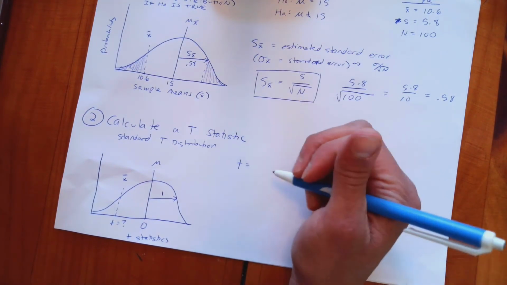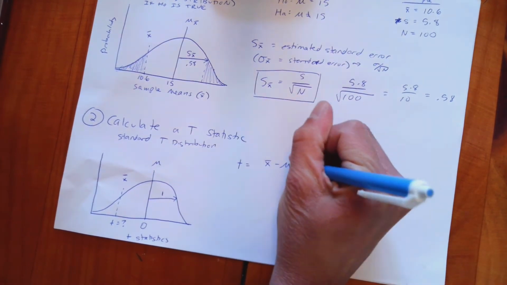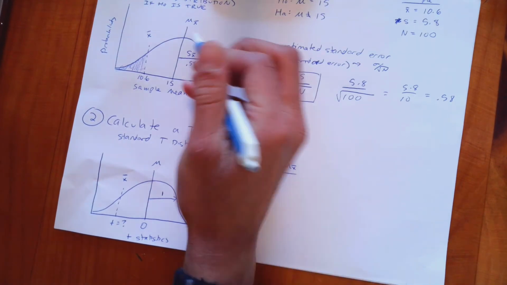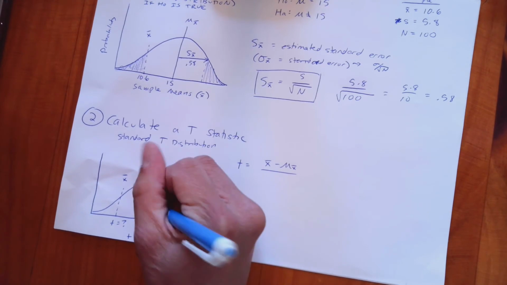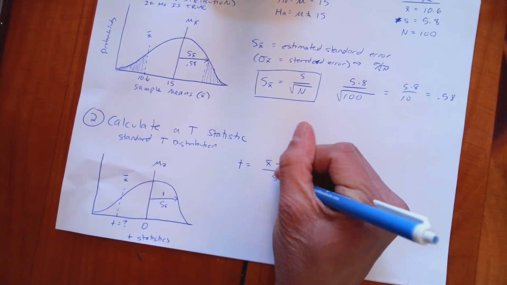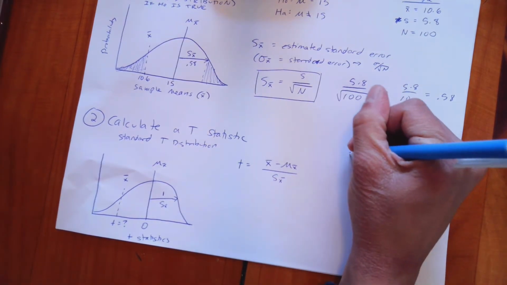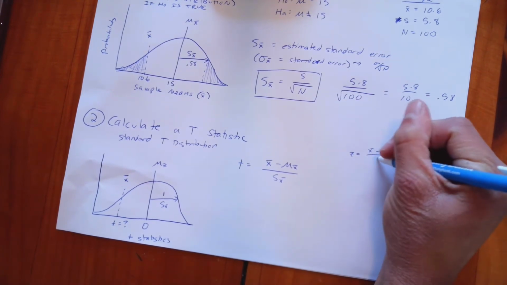And your t-statistic is calculated from this equation where you have your sample mean, your overall mean, sorry, this should be X bar here, and your estimated standard error. So this should also look pretty familiar. If you recall, a z-score was calculated using this equation.